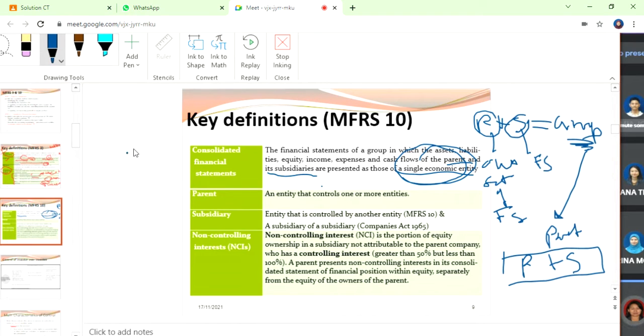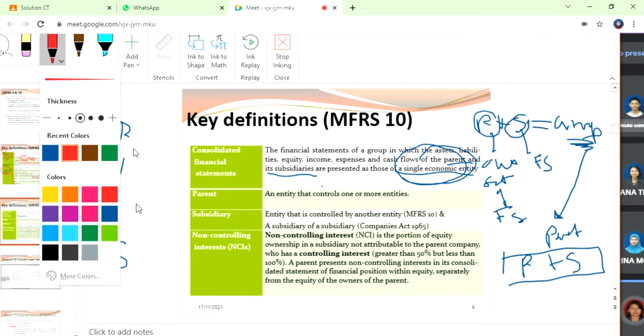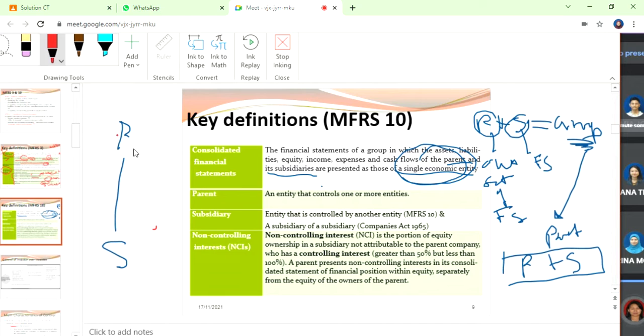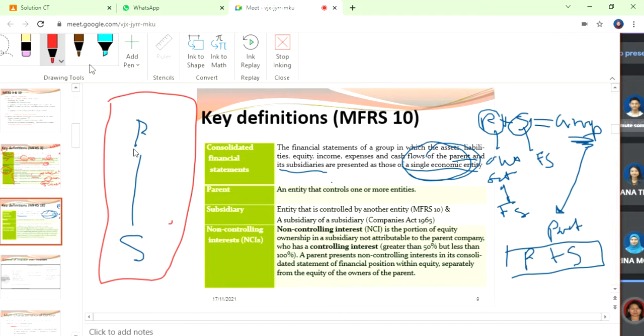The implication is that after the acquisition date, the two entities, the subsidiary and the parent, will definitely have transactions going on between them. The subsidiary may be selling to the parent company, or the parent may be giving a loan to the subsidiary.